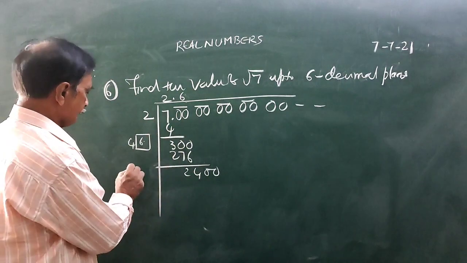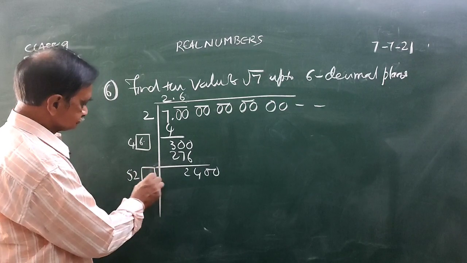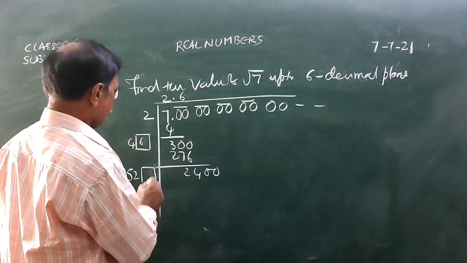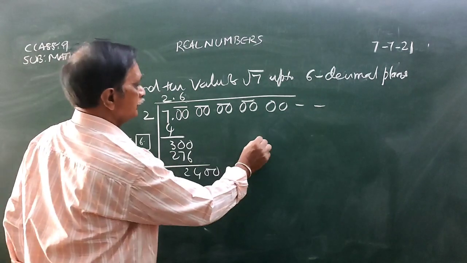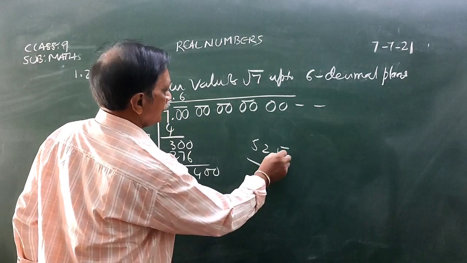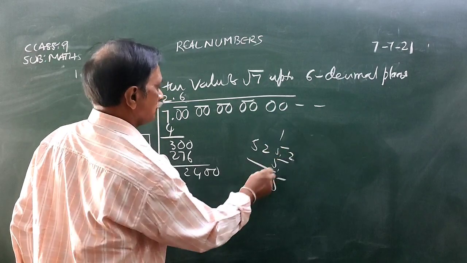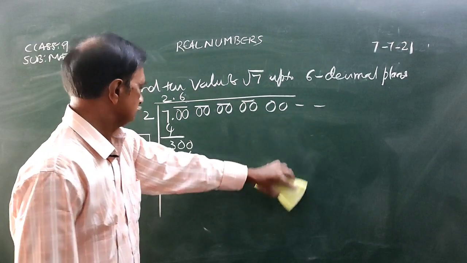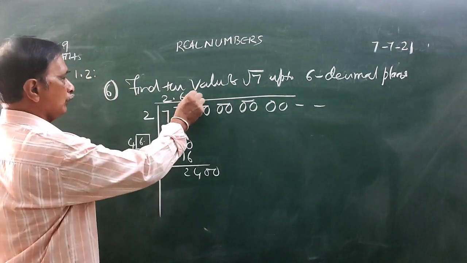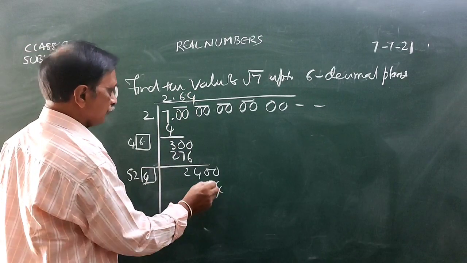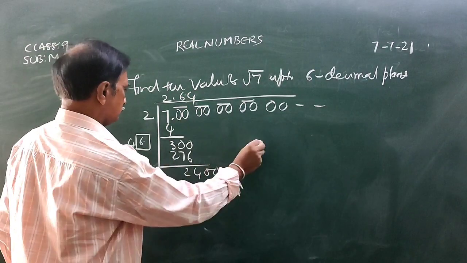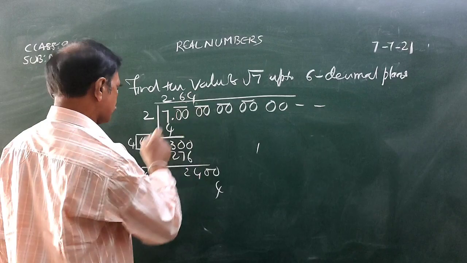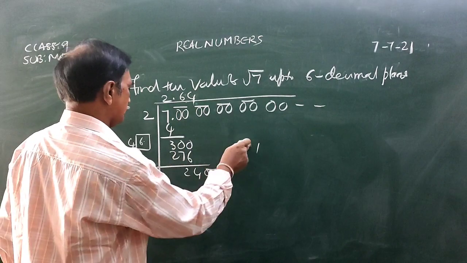Double this 26, 52. Suppose if you write 5 here, see what happens. 5 fives 25, 5 twos 10 plus 2 12, 5 fives 25 plus 1 26, which is more than 2400. So we write 4. 4 fours 16, 4 twos 8 plus 1 9.